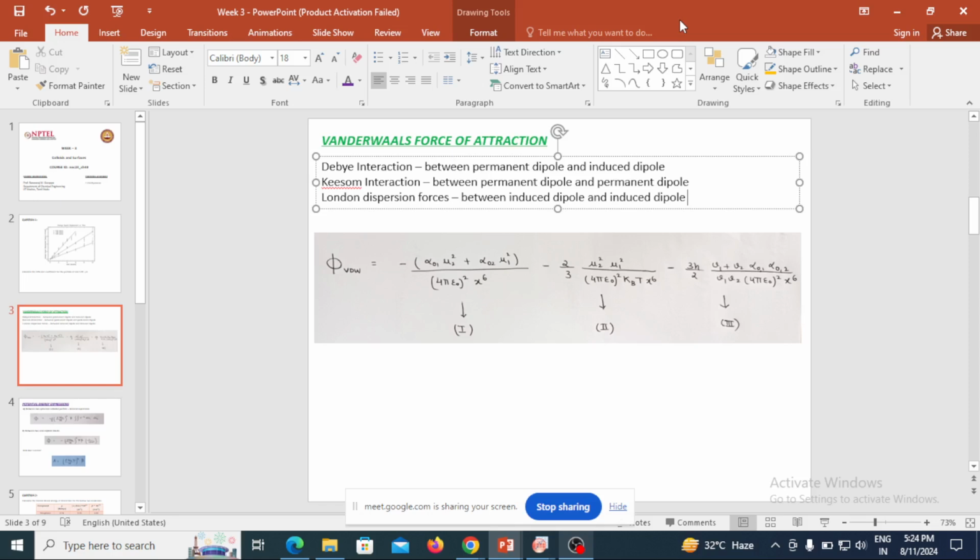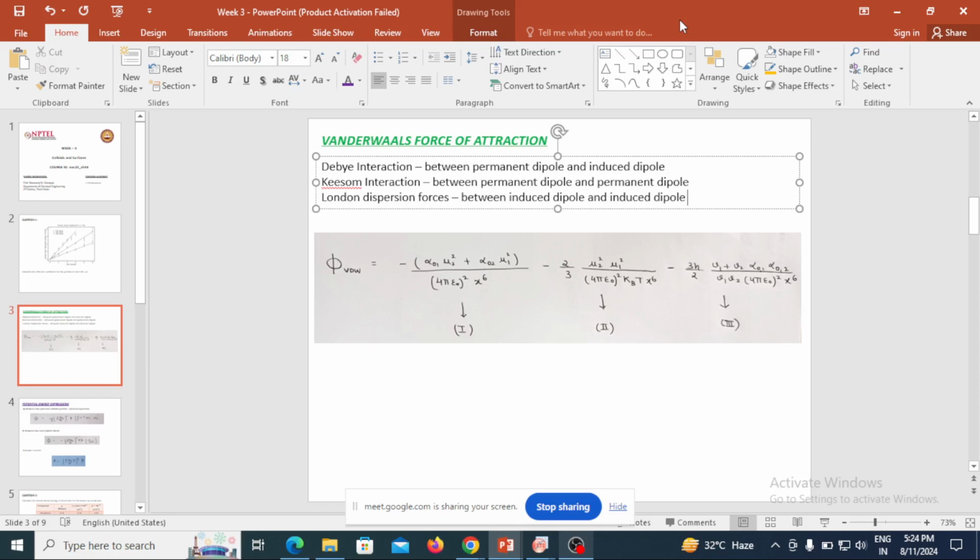Whereas in the case of an induced dipole, let's say for example you take a neutral atom, and let's say there is another molecule which has a permanent dipole moment. Due to the interaction between this molecule with a permanent dipole moment, there will be a distortion in the electron cloud around the nucleus.